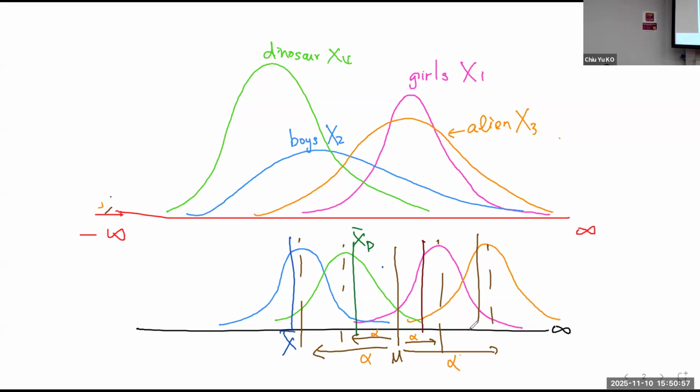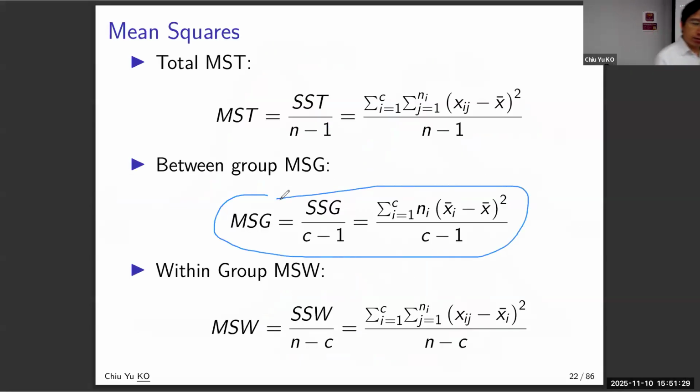The sample mean is all random variable, and I only use the sample mean to calculate variance between the sample mean. It also can help us to estimate the sigma, because everything is the same variance. So this also has the variance as well. Later you will see this MSG is also some way to estimate variance.